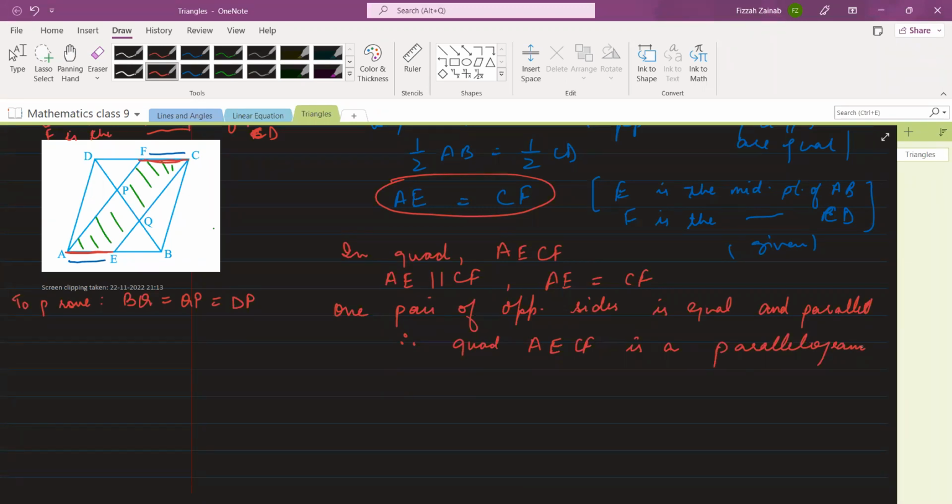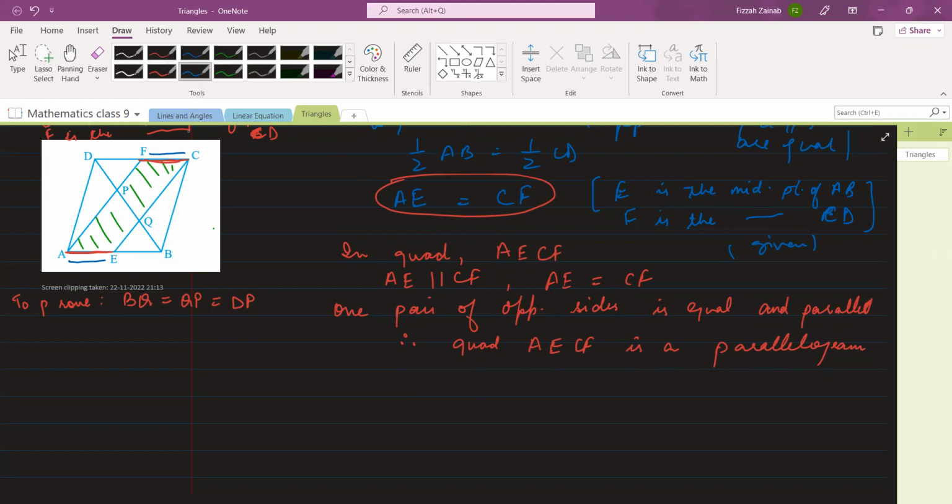Clear. Okay. Now, because I've already shown that it's a parallelogram, the other pair, which I'm not considering here, will also be equal and parallel, right? Because we have already proved it's a parallelogram.